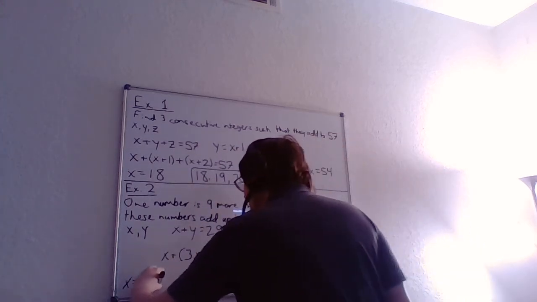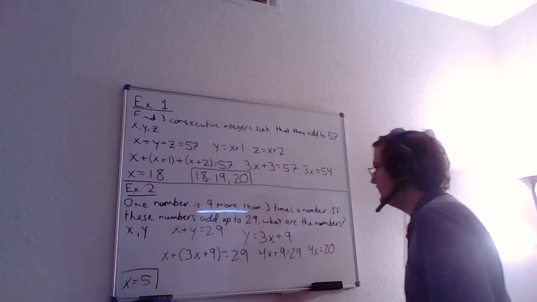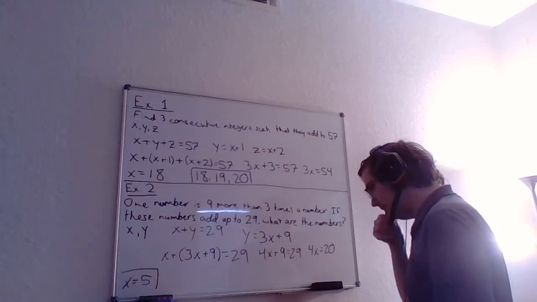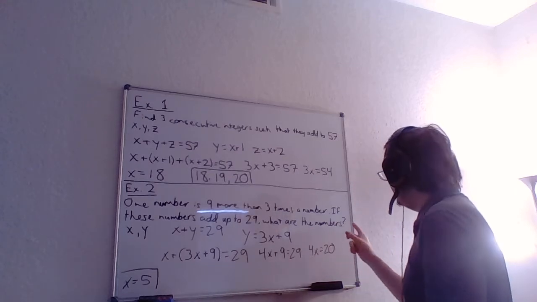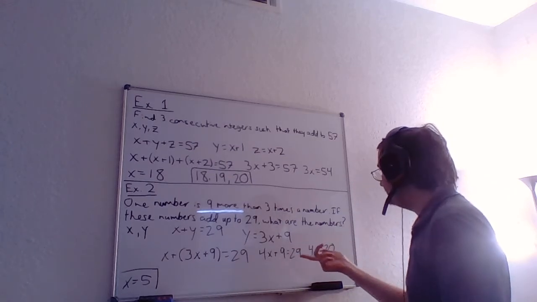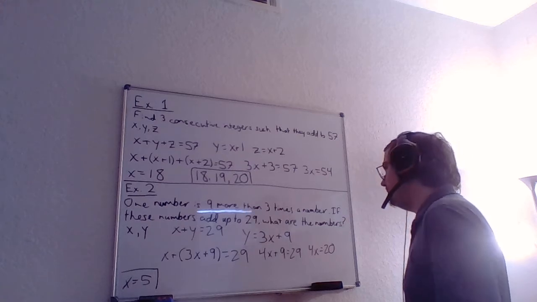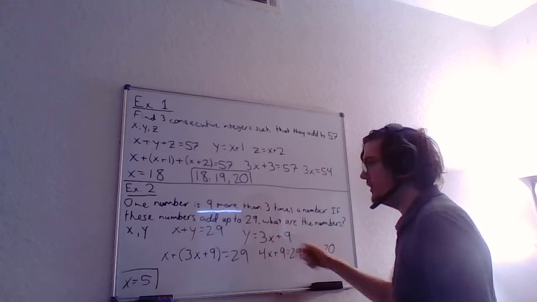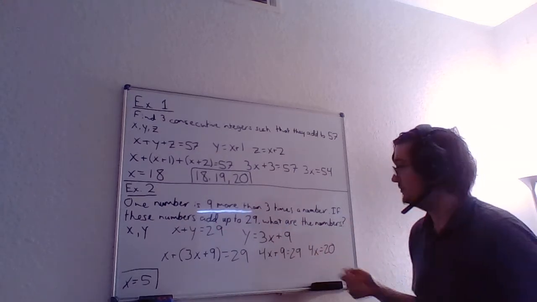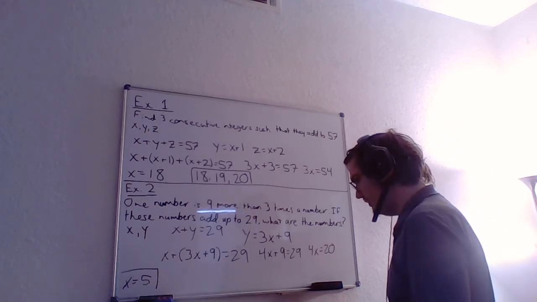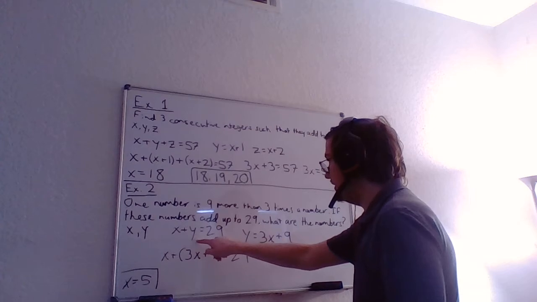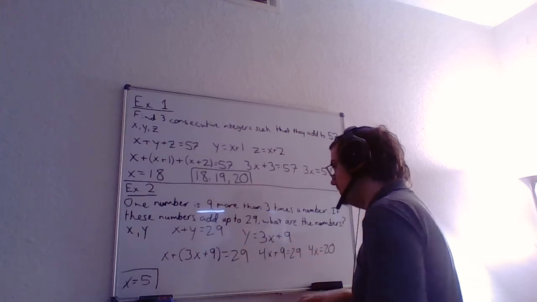So we know one of the two values. Now, we want to find the other number as well, y. So what we do is we just take one of these two equations and we plug in x. I'm just going to plug into this equation right here. It's slightly simpler, right?